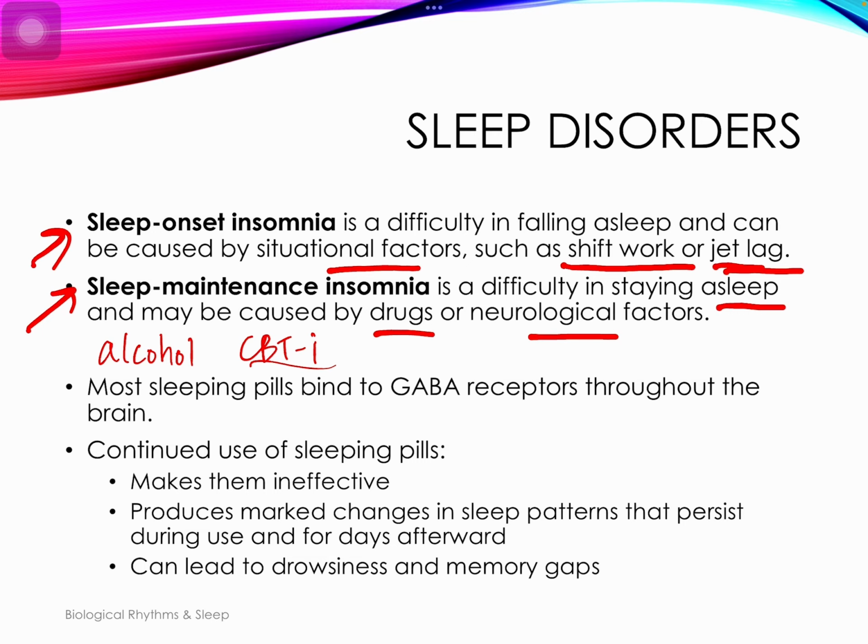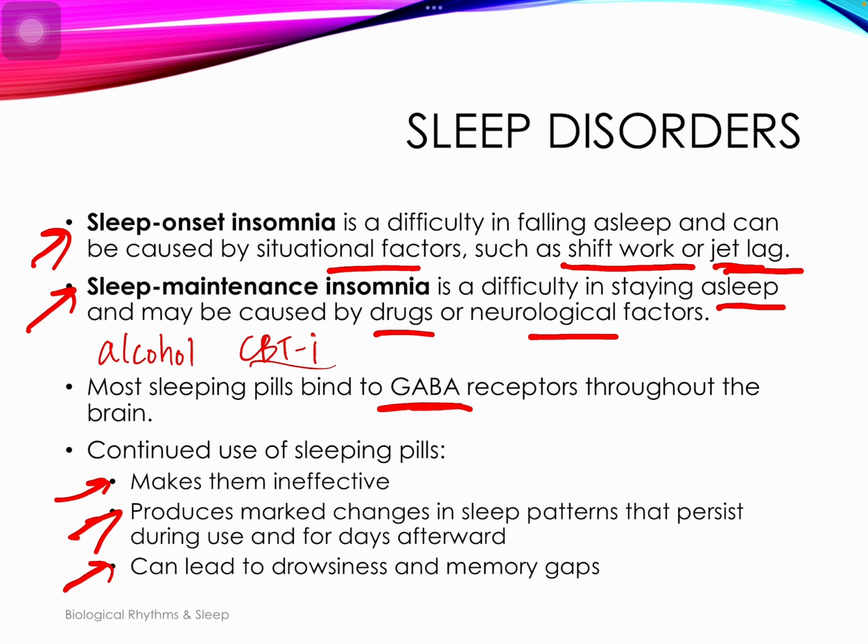And how do sleeping pills work? Well, they typically bind to those GABA receptors throughout the brain. But if you continue to use them, they eventually do become ineffective, and you do increase your tolerance for them. We do see that it does produce some changes in your sleep patterns, and if you stop using them, the insomnia can sometimes continue.